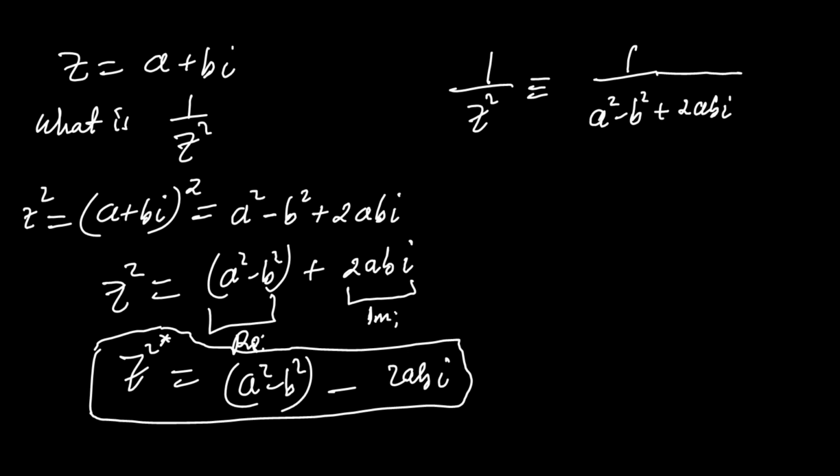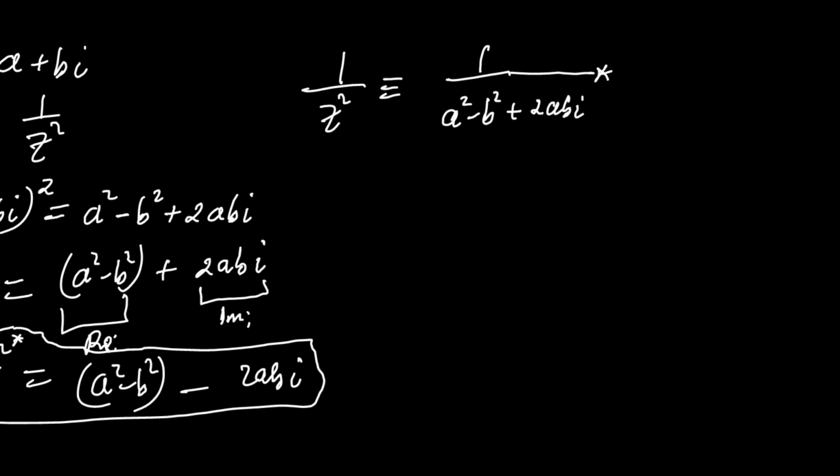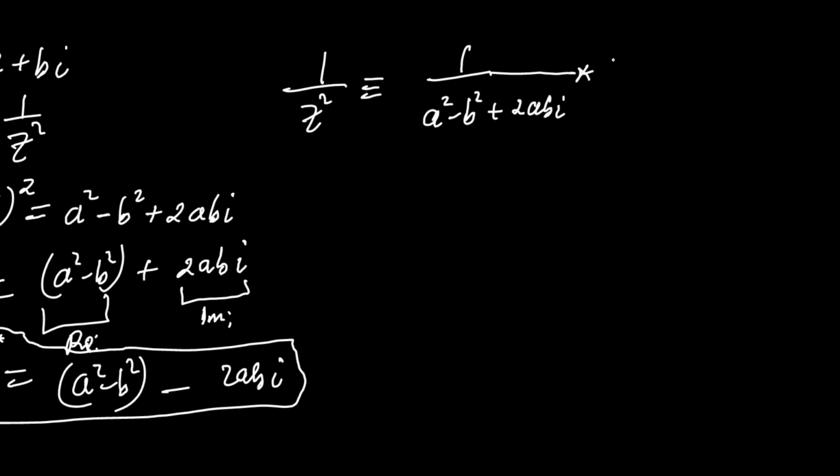If we were to do that, multiplying the top and the bottom, let me arrange this. We're going to have a squared minus b squared, minus 2abi. The same thing, a squared minus b squared minus 2abi.